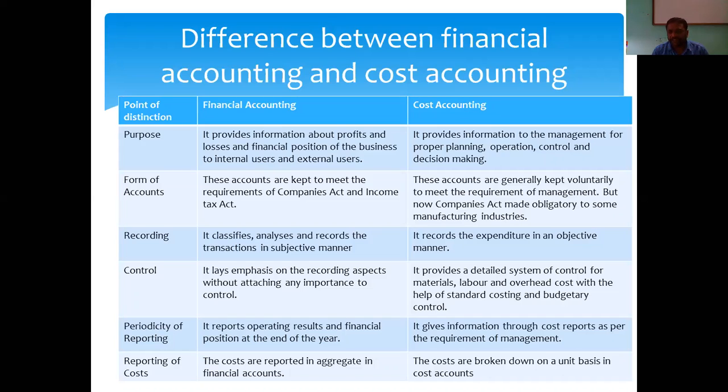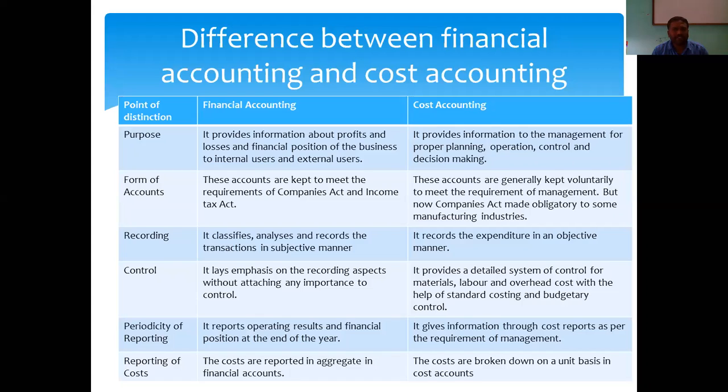So here, the periodicity of reporting. The financial accounting we are going to prepare at the year end. So here the reports are operating results and financial position at the end of the year. As per the disclosure convention, the profit and loss account and the balance sheet we are going to prepare at the year end.